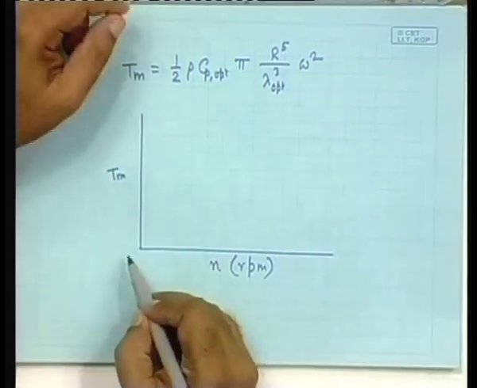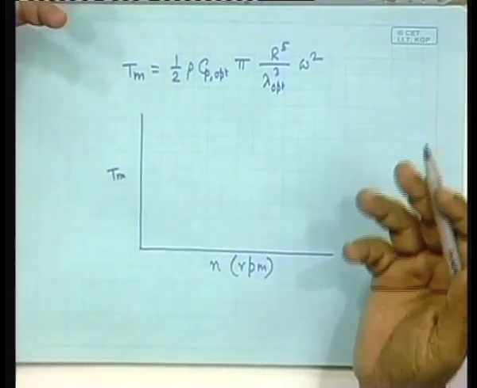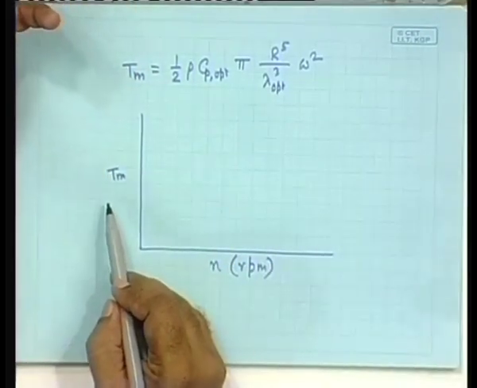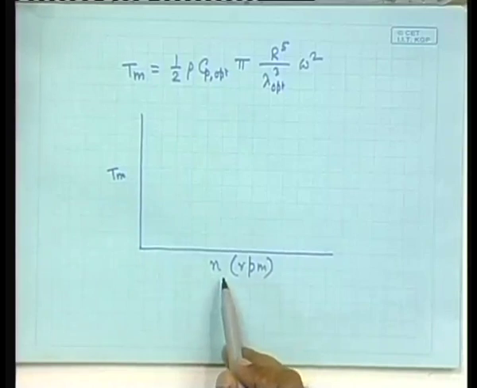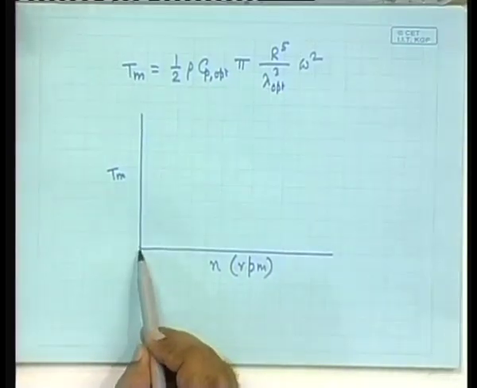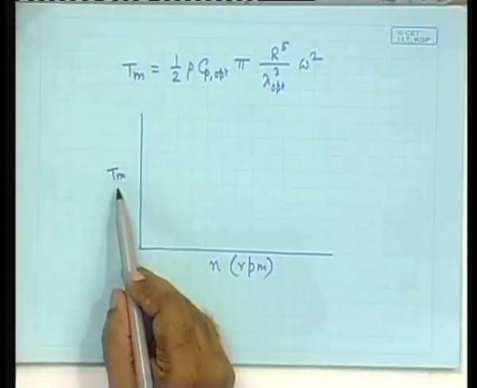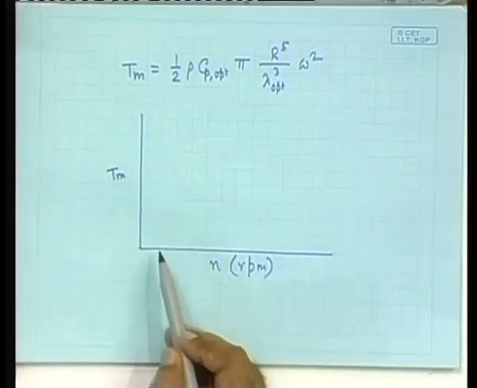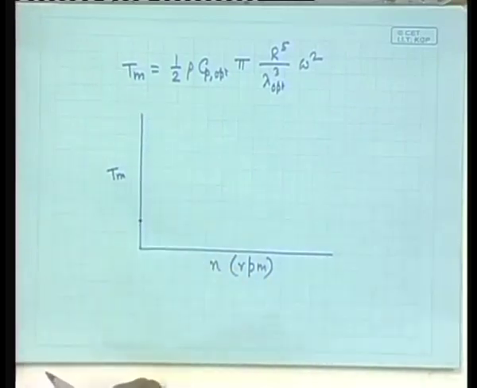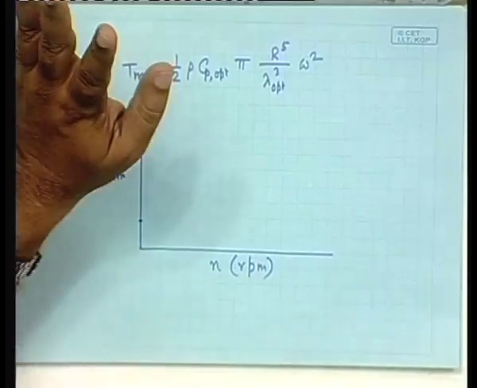So, you have the power as the product of the torque and the speed, and at speed equal to 0, it does not need the torque to be 0 in order for the power to be 0, because speed is 0. So, it could start from somewhere here. Is that clear?